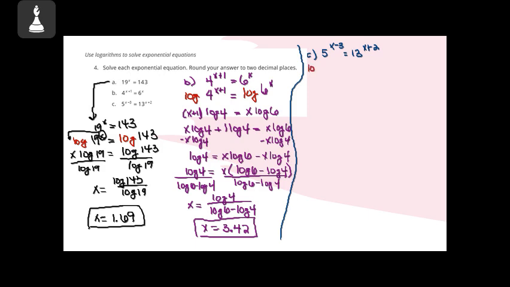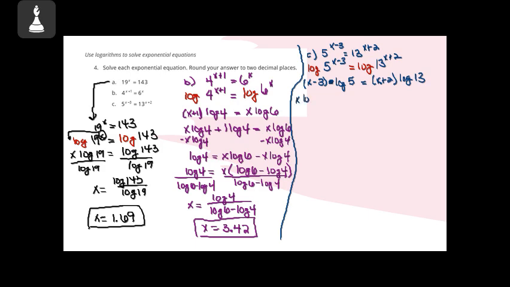x minus 3 times log of 5 equals x plus 2 times the quantity of log 13. So I'm going to distribute this out. So x times log 5 minus 3 times log 5 equals x log 13 plus 2 log 13s. Now, to not confuse, I'm going to do a different color here.